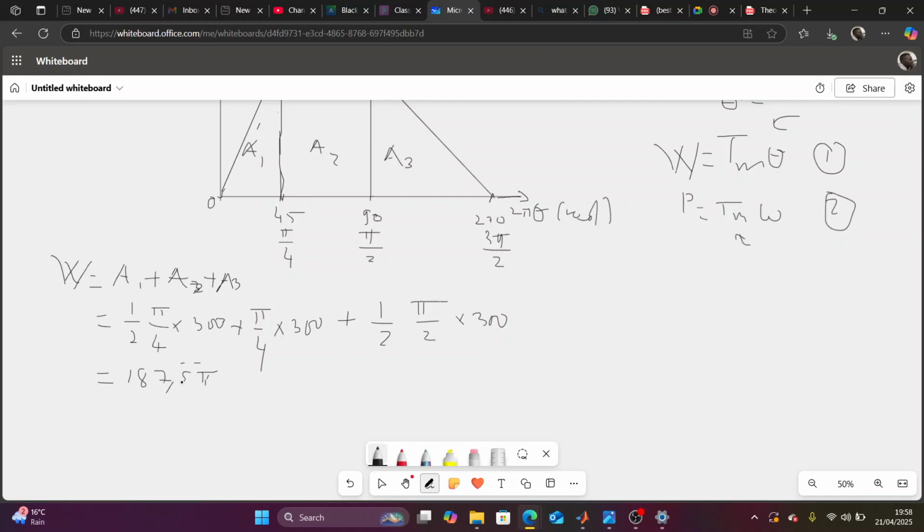Half base times height. Let me check. Yeah, we need to have 185.